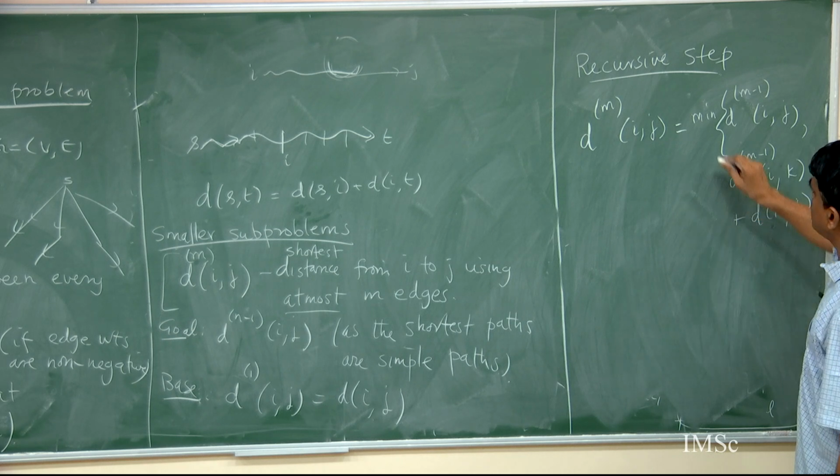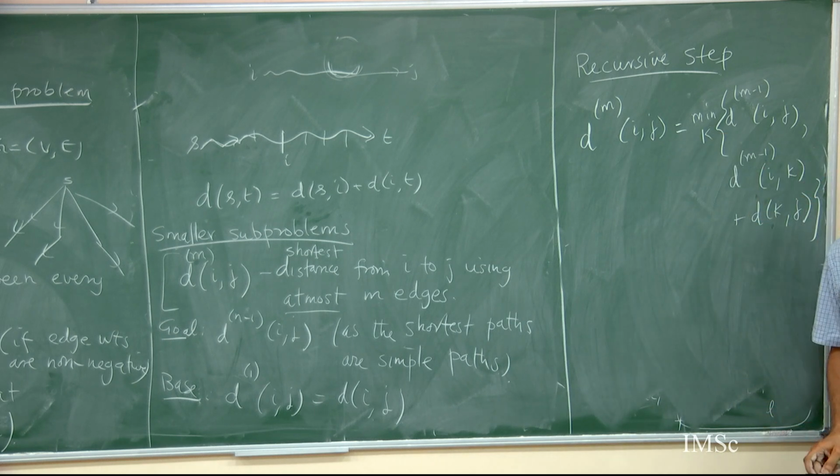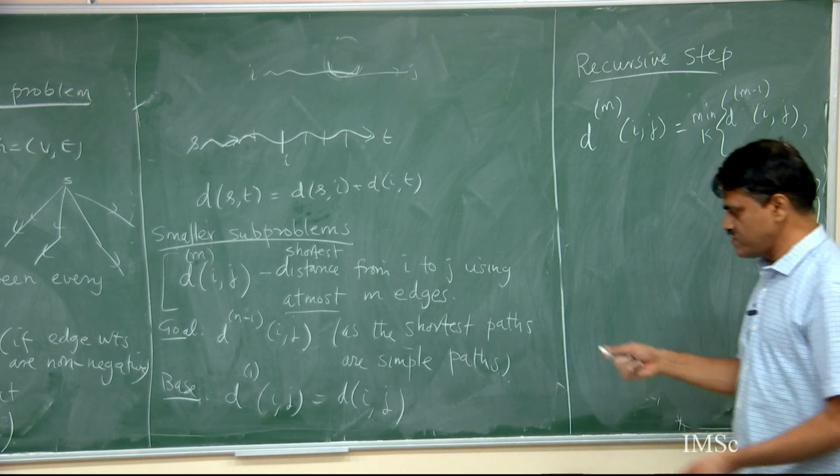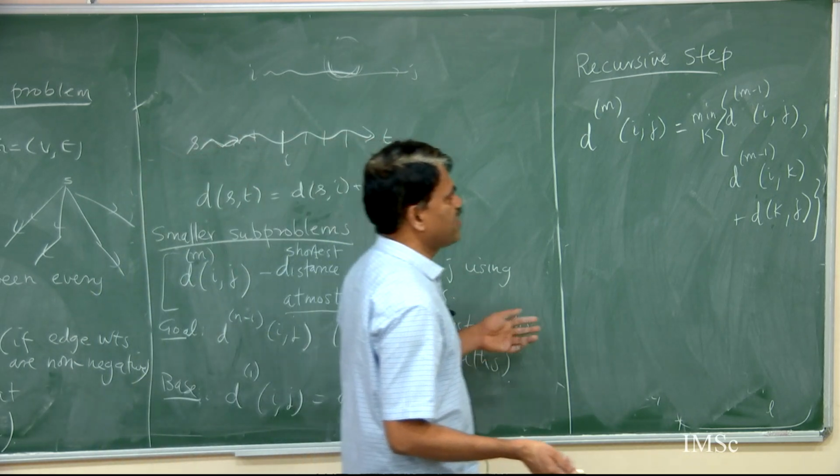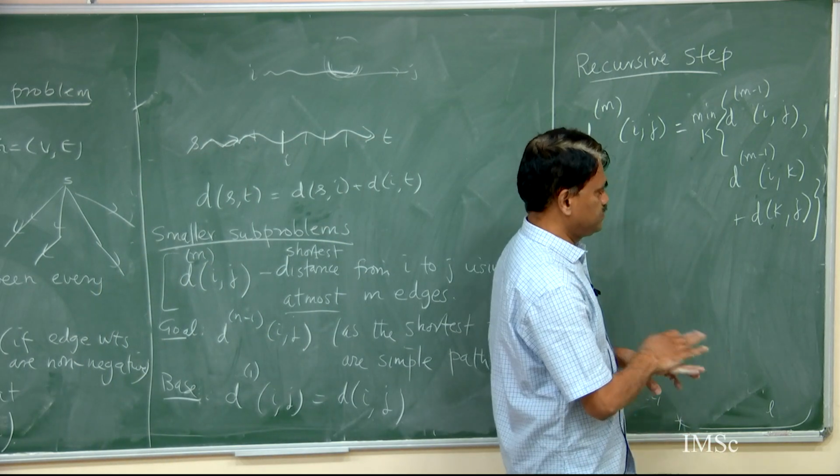What is k? Min over all possible k. So for the shortest path using m edges, the previous vertex is some k, and you don't know that k, so run over all possible choices.